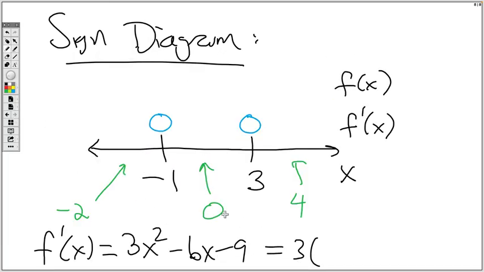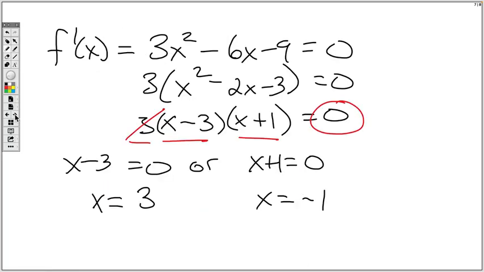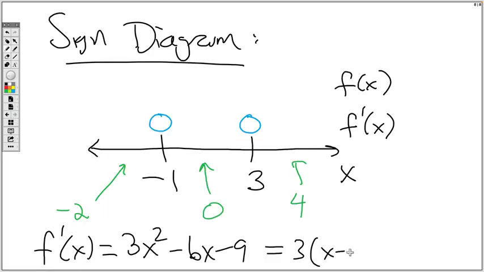And once again, you have Desmos at your disposal, so you could always just plug it into there. Or you could take advantage of the factoring you did, because all we're interested in is the sign, plus or minus. So if I plug in a negative 2, I've got a positive 3.